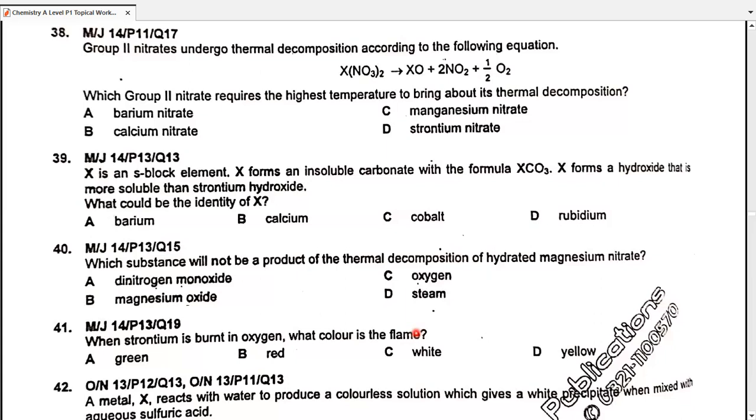Not 2NO, it's N2O. It means there are two nitrogen atoms and one oxygen atom. Dinitrogen monoxide is actually the formula for laughing gas that dentists commonly use, the famous laughing gas. Well, moving on. Flame colors are too easy. Let's give 41. By the way, what's the answer to 41?